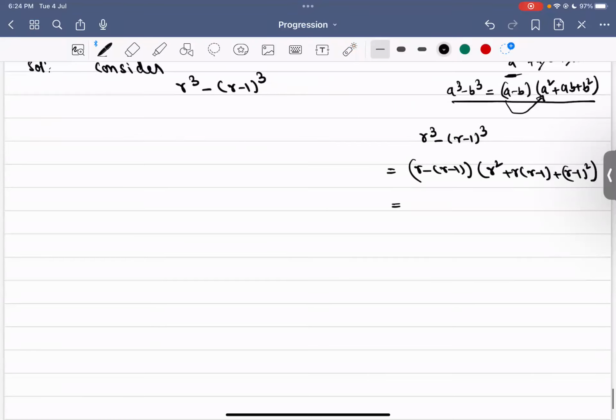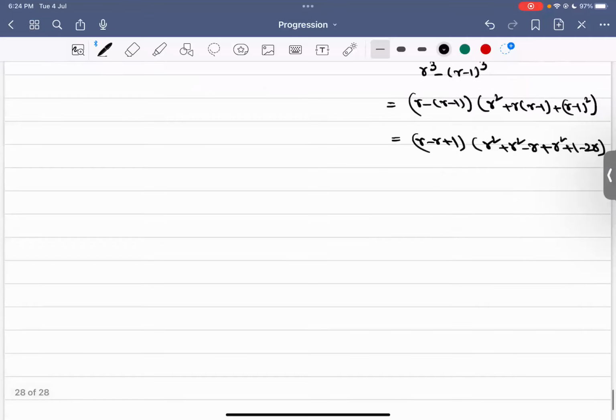Now this is equal to r minus r plus 1 into r square plus r square minus r, plus, this is a minus b whole square, r square plus 1 minus 2r. Now minus r plus r cancel, so this is just 1 only.